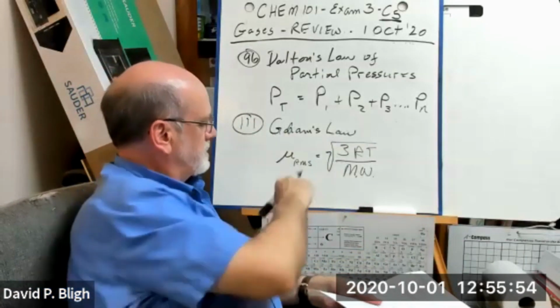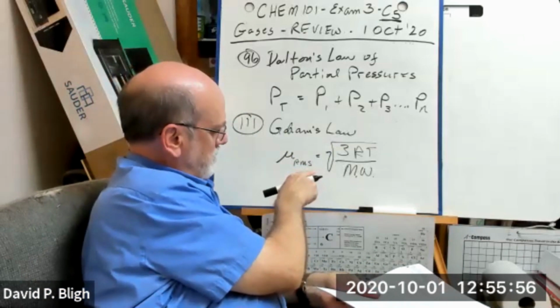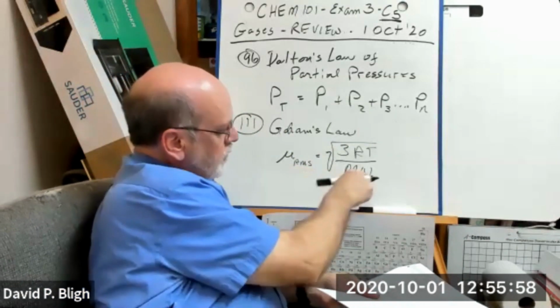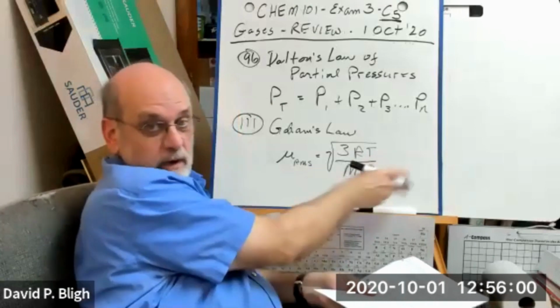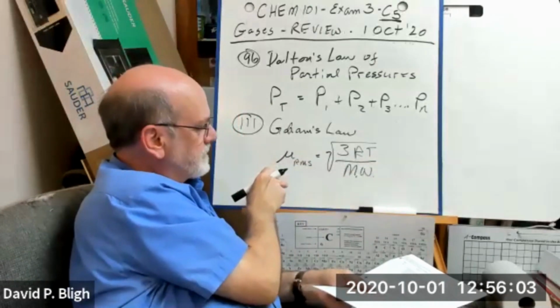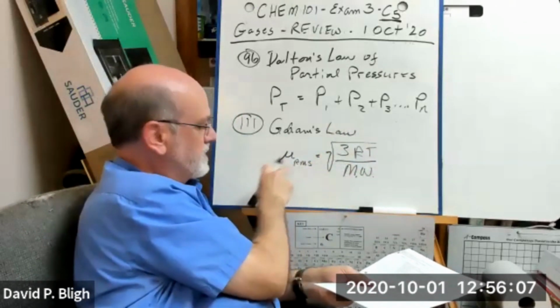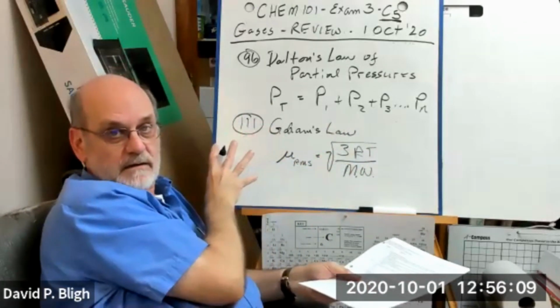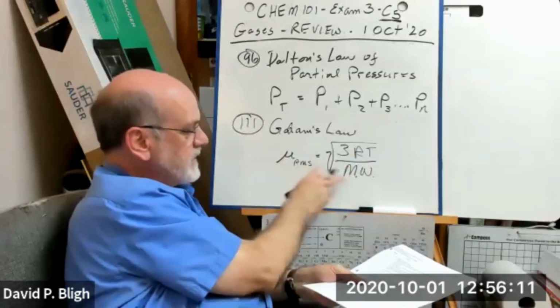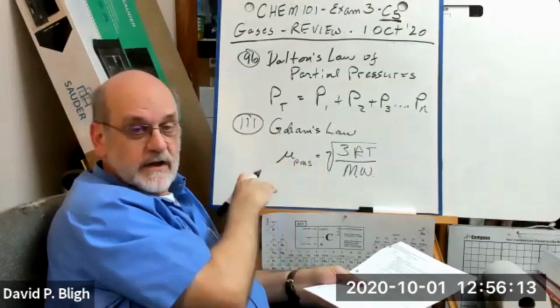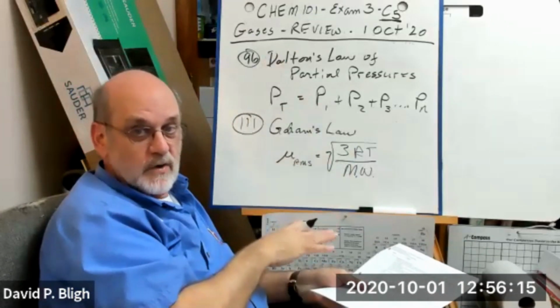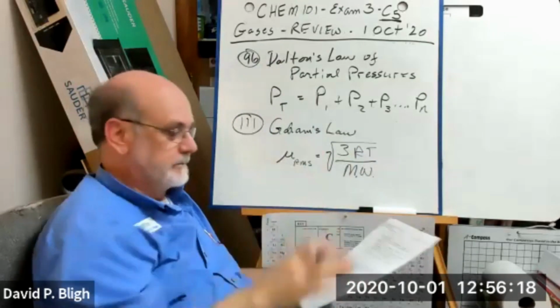So that means if we were to bring that molecular weight over to the other side and set this as our constant, then we would have a product of two variables, the velocity and the molecular weight. So as the velocity goes up, the molecular weight has to go down, and vice versa.